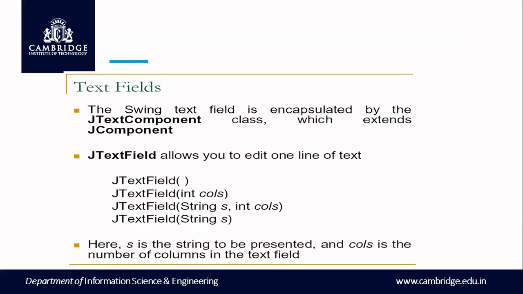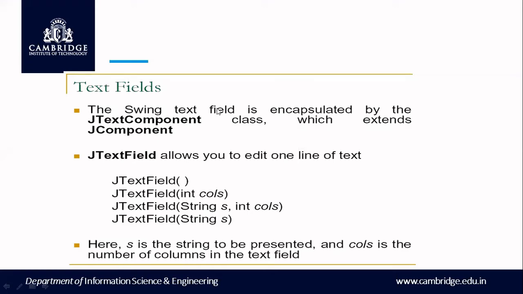Next, we are going to study text fields. Just like the JLabel component you have seen, the next component is the text field. I hope you already know the meaning of a text field. Wherever you enter your name or your password, that is your text field.